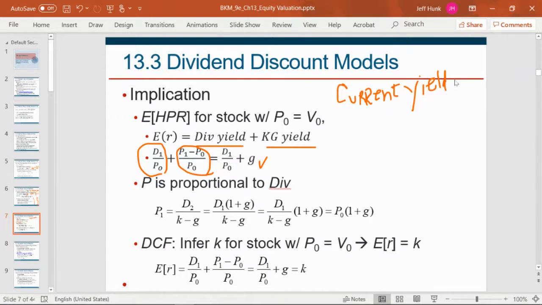Current yield is simply annual coupon payment divided by the current market price of the bond, right? So you see, this is the bond's counterpart to a stock's dividend yield.